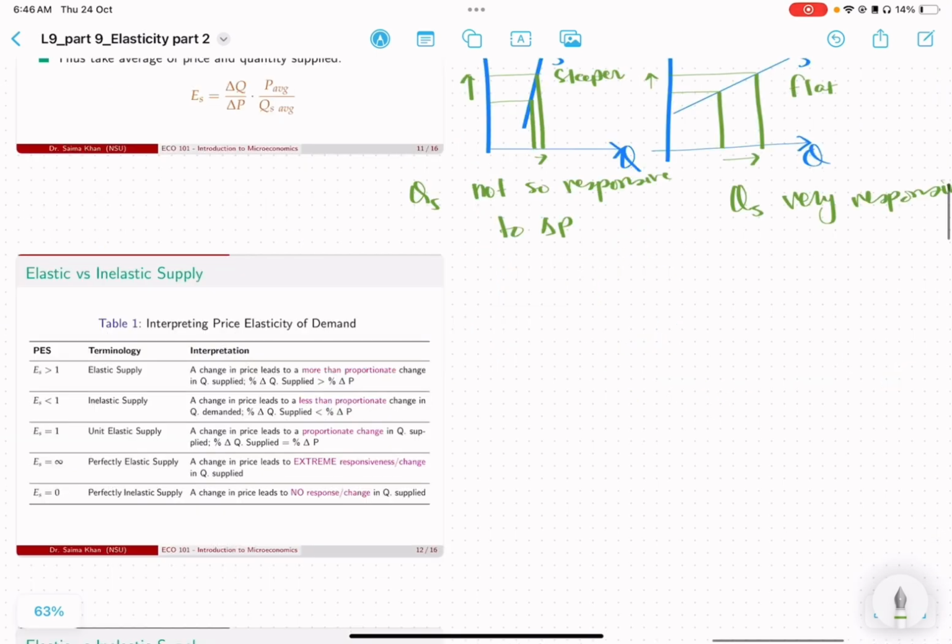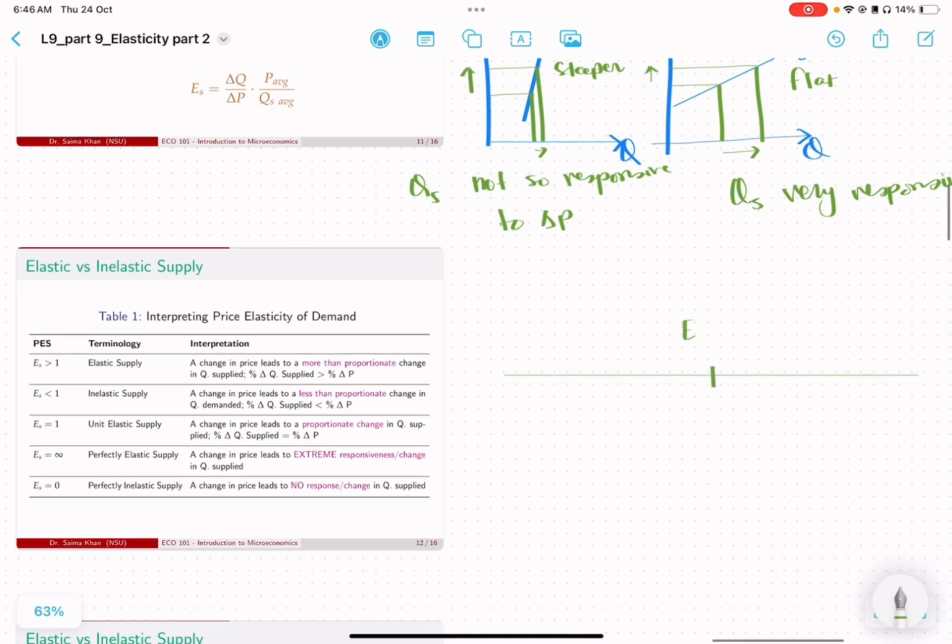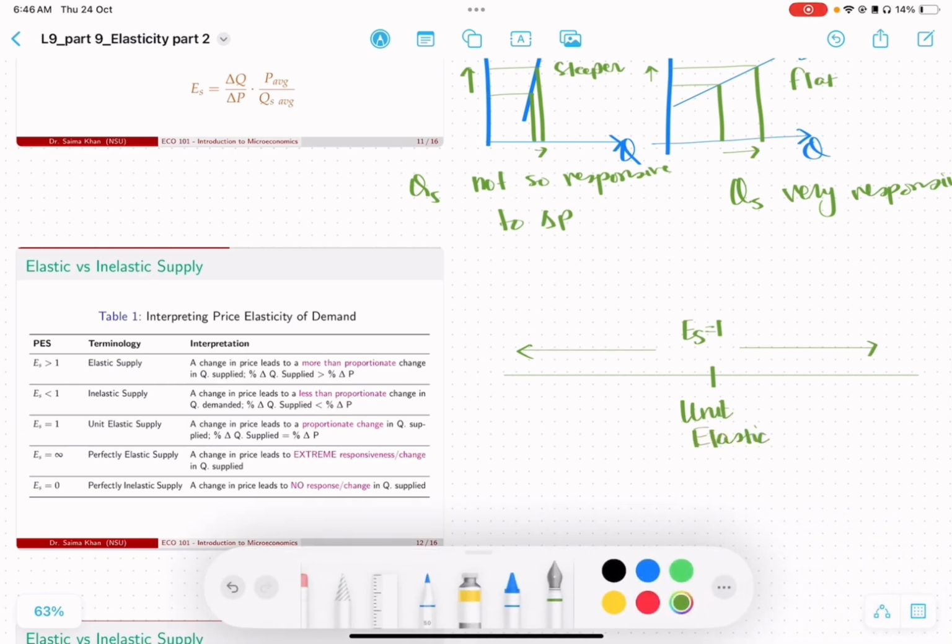And like before, when we come to the price elasticity of supply, you look at whether elasticity of supply is equal to 1, more than 1, or less than 1. When it is equal to 1, you say that it is unit elastic. When it is more than 1, you say that it is elastic supply.